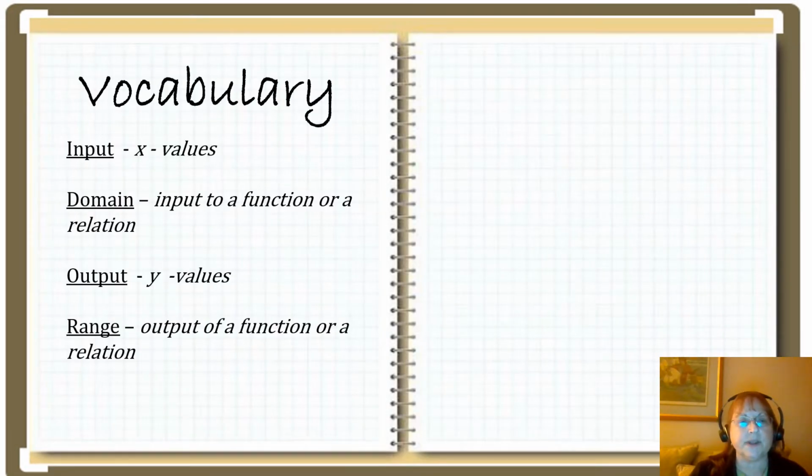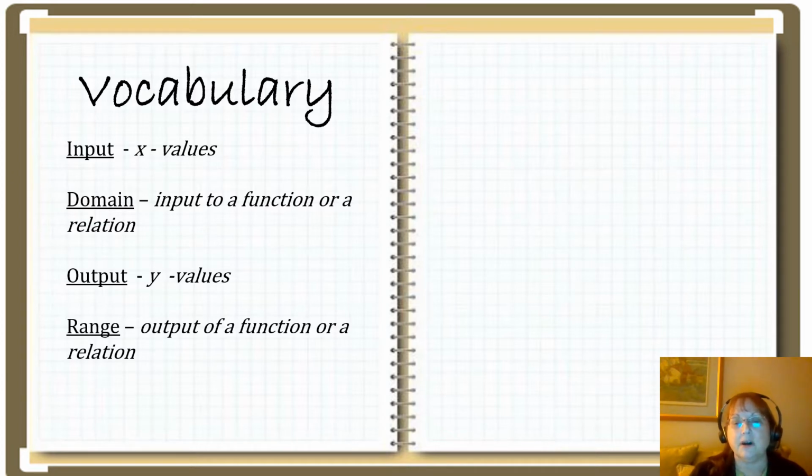We have some vocabulary related to functions. We have our input, our x values, which are also called the domain. Domain is just another name for the input to a function. We also have the output, or the y values, and another way of looking at it is called the range.